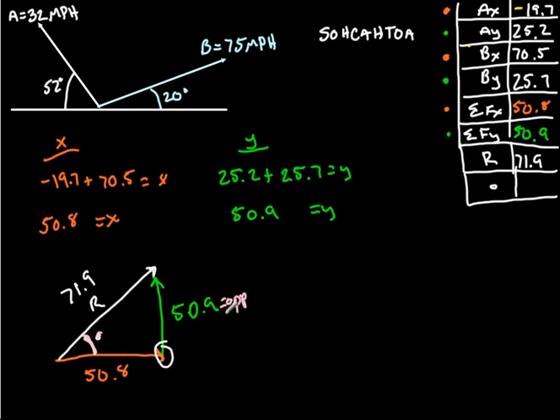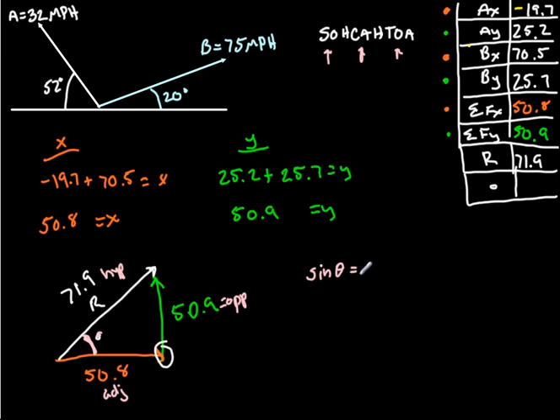This is the angle. This is obviously opposite, and this is adjacent, and this is hypotenuse. So we can use either one of these. We can use sine, cosine, or tangent. It really doesn't matter.